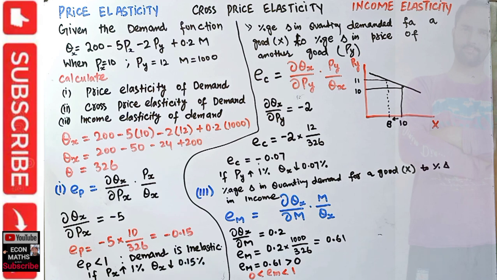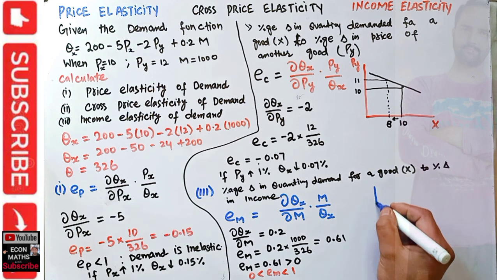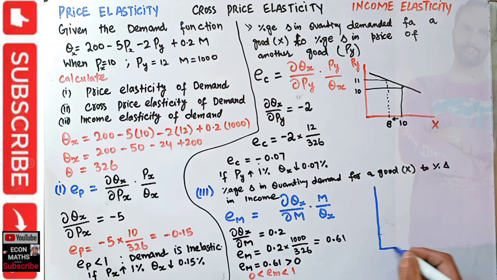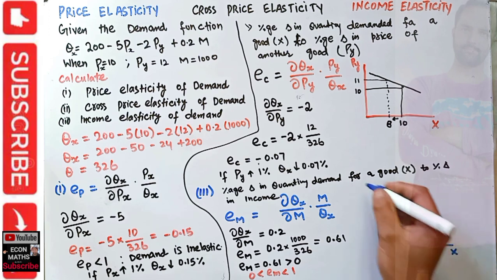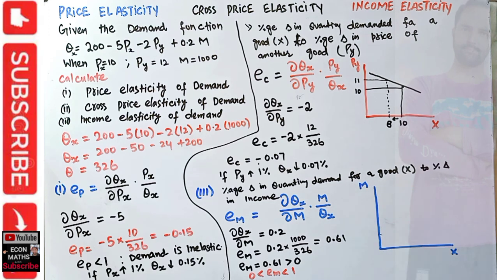Let's try to draw the graph here to make sense. Let us say we have good x on this side and income here. Okay, we will have this kind of relationship.